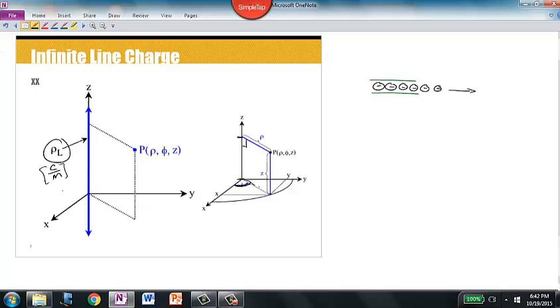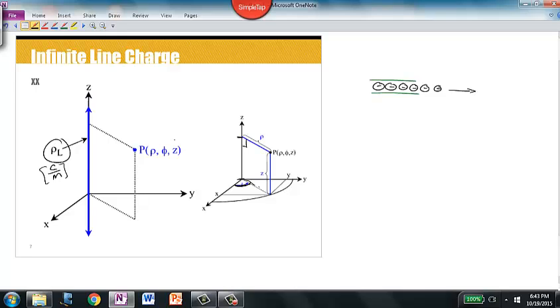So let's now consider the point in space at which we want to determine the electric field strength. In the cylindrical coordinate system, again, this point is given as a function of rho, phi, and z.